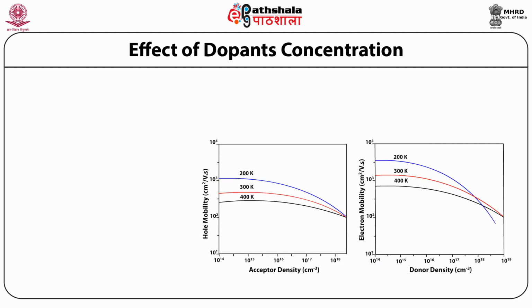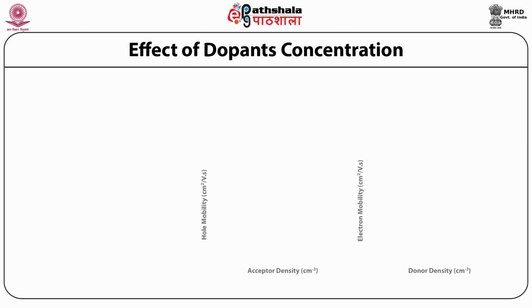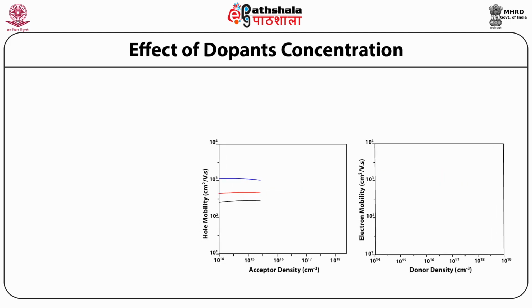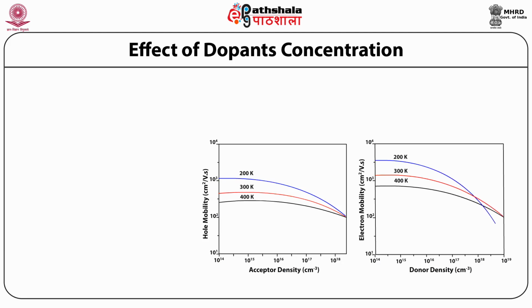So a graph has been plotted between the hole mobility versus the acceptor density and the electron mobility versus the donor density.